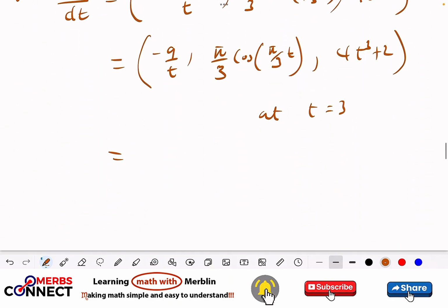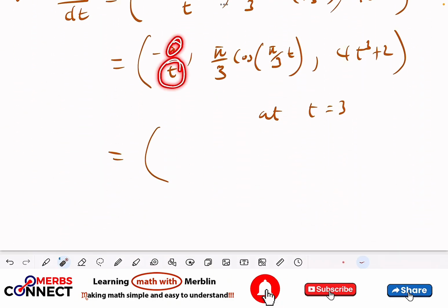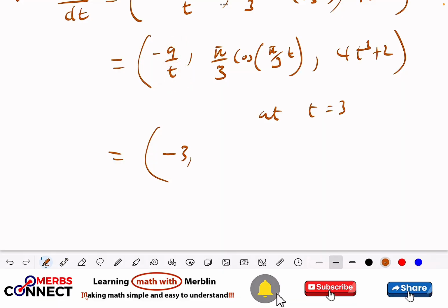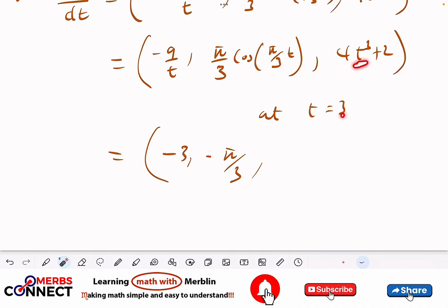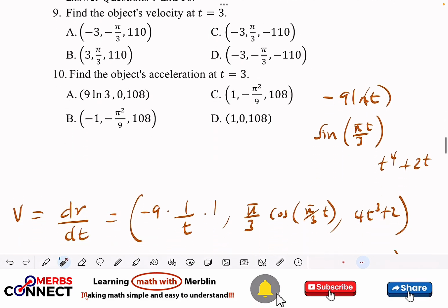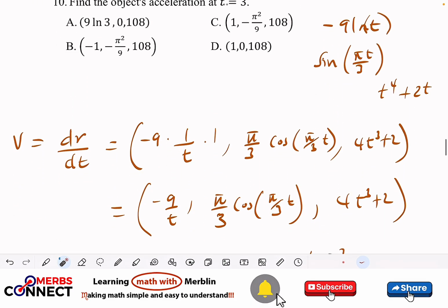So let's do that. When t is 3, minus 9 divided by 3 is minus 3, right? Let's plug in 3 here. When I plug in 3 here, 3 will cancel this. So I'm going to have cos pi. What is cos pi? Cos pi is negative 1. So negative 1 times this is going to give us minus pi on 3. Now let's look for t is equal to 3 here. Plug in 3 here. This one is going to be 27. 27 times 4 is going to give us something like 118.